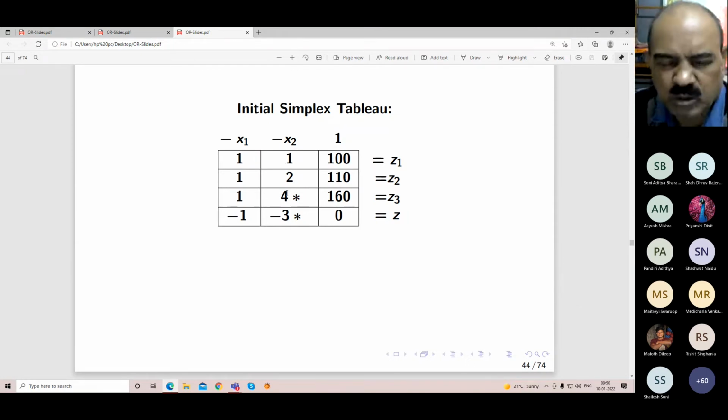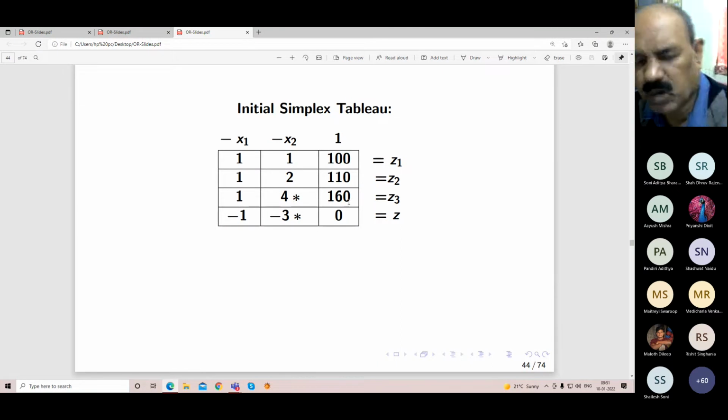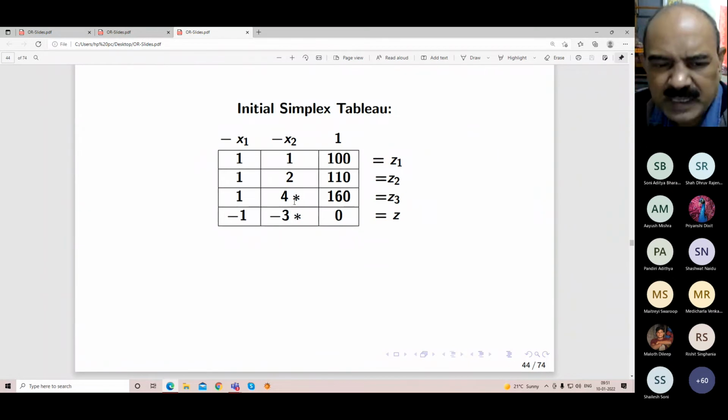Only positive ratios you will find. 100 by 1 equals 100, 110 by 2 is 55, 160 by 4 is 40. So the minimum ratio is 40. So this 4 is selected. This 4 is our key element.